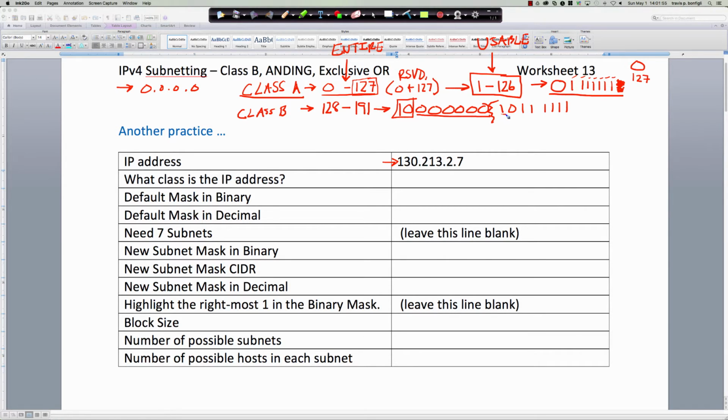So we've got 128 plus 32 is 160, plus 16 is 176, plus 8 is 184, plus 4 is 188, 189, 190, 191. So again, you'll notice that at the low number, 128, the first two bits are 10, and at the highest numeric value, 191, the first two bits are still 10, right? Okay.